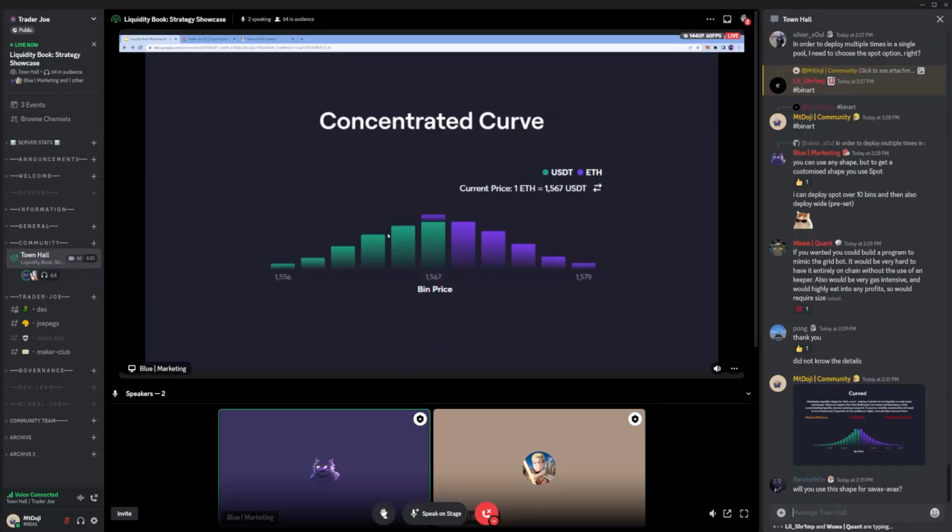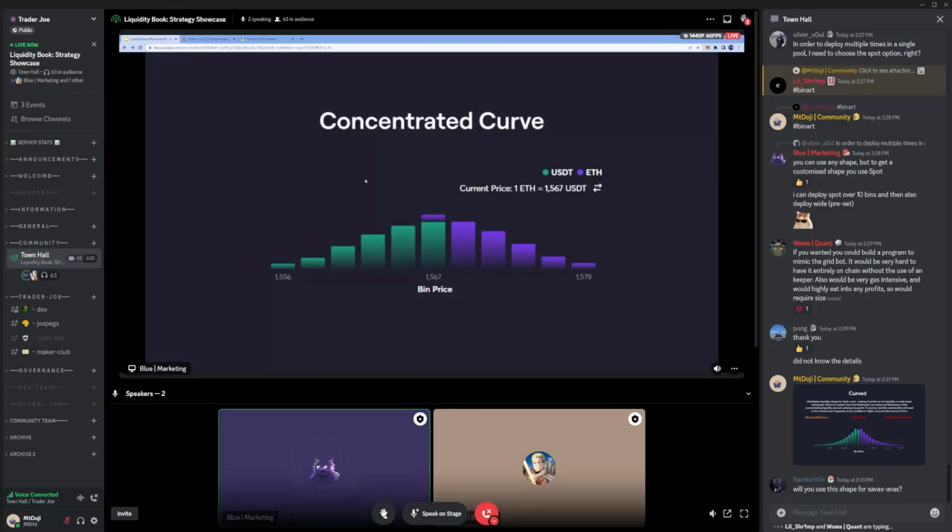Yeah, I mean it is heavily concentrated, pretty much around 5 bins, and just trying to touch on that. This is educational as well. It is not financial advice. I just want to be very clear on that. The example you got here, USDT and ETH, you can see the price range of curve is deployed over $1,556 up to $1,579 for ETH. So very concentrated in terms of the price range percentage movement that you've got there.